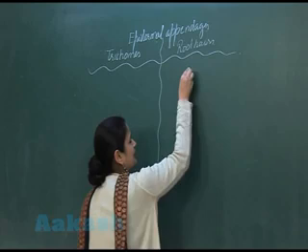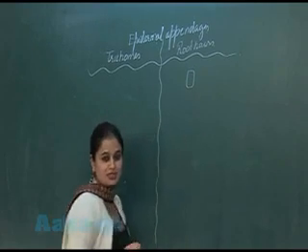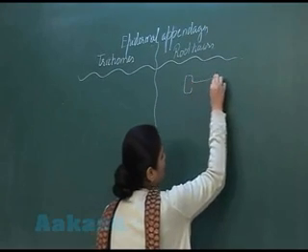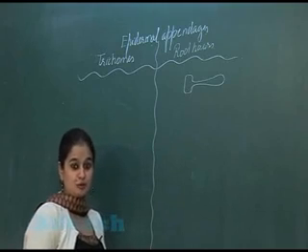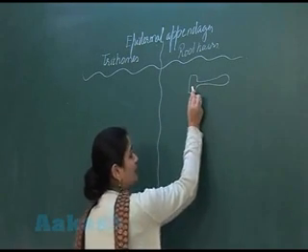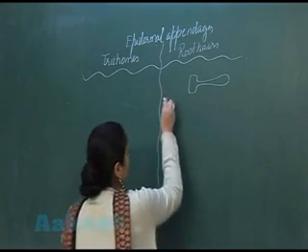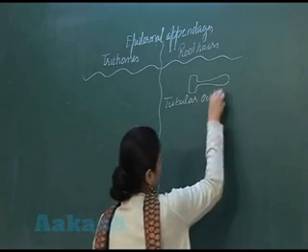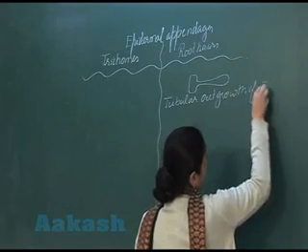Let's say this is a cell of epidermis, epidermal cells. From this epidermal cell, a tubular outgrowth will arise. This tubular outgrowth arising from an epidermal cell represents root hair. Getting it? So they are tubular outgrowths of epidermal cells.